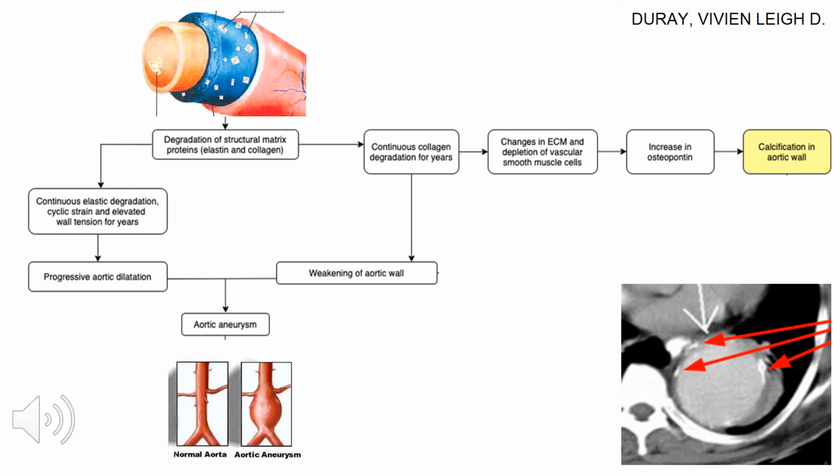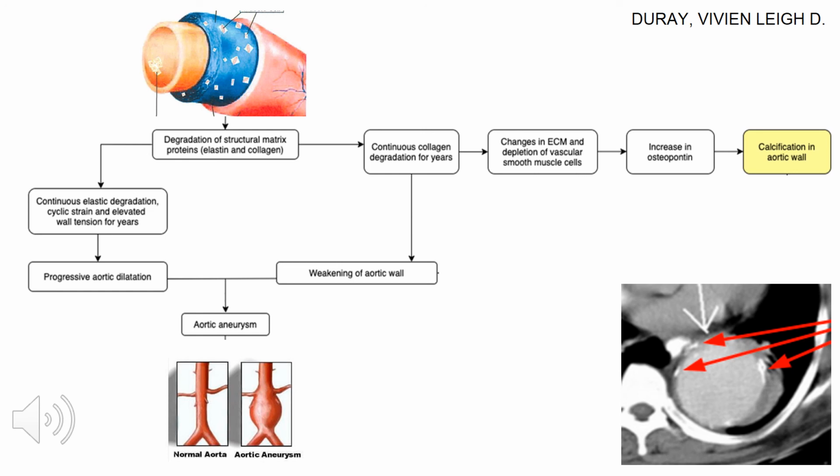So these changes will lead to the increase in osteopontin. Now, osteopontin has been associated with changes in the extracellular matrix and depletion of the vascular smooth muscle cells, leading to aortic aneurysm development. This is according to a study by Konstantinos Philis et al. and three other journal articles.